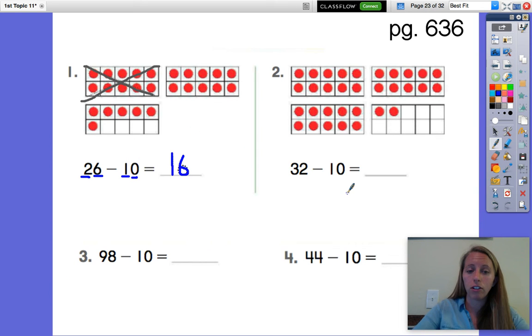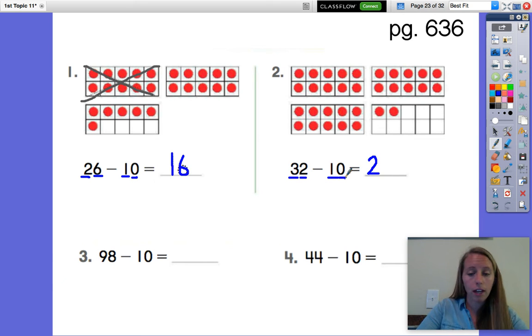Let's take a look at number 2. Number 2 says 32 minus 10. Let's first look at the tens digit. The tens place. The digits are 3 and 1, right? 3 minus 1. If we have 3 and we take away 1, we're left with 2. Now we go to the ones place. 2 minus 0.